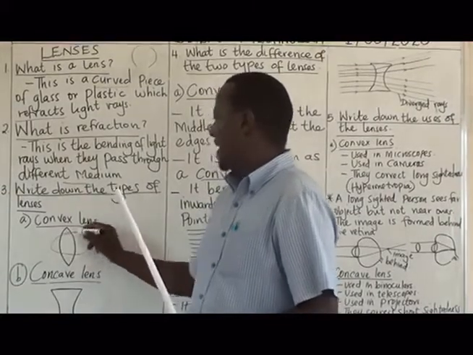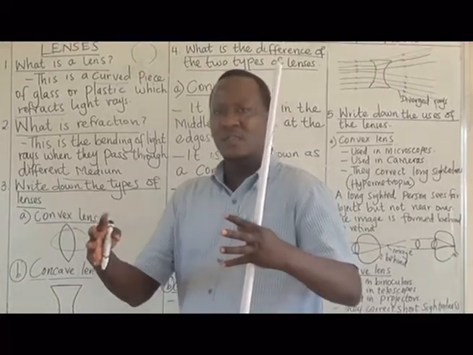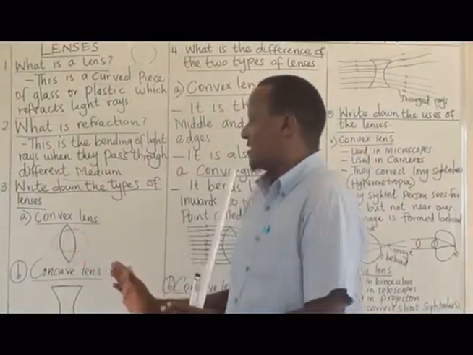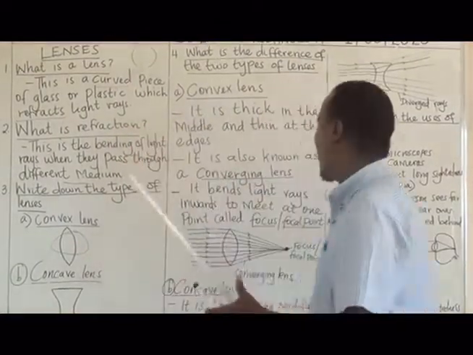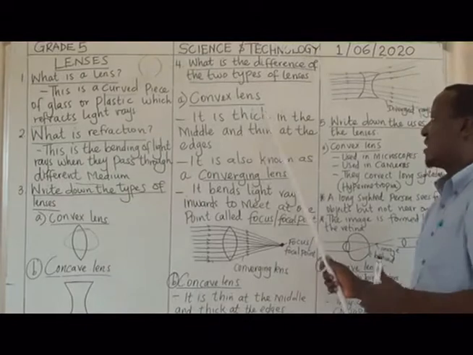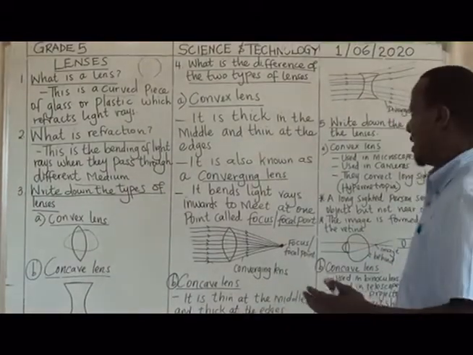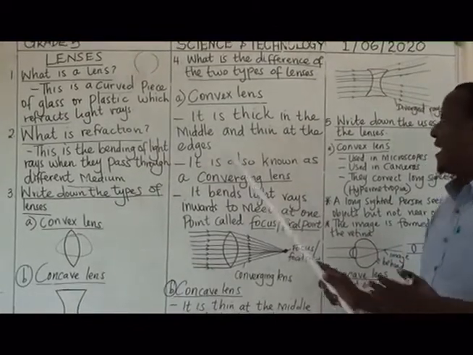That middle part is thick, but as it goes to the edges, it reduces in size. So we say it is a lens that is thick in the middle and thin at the edges.